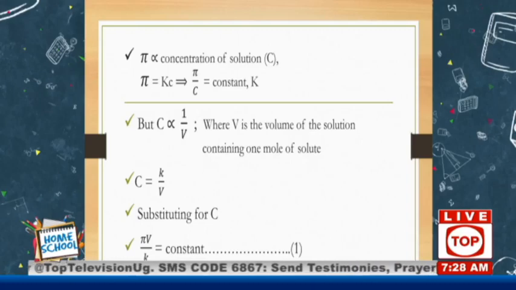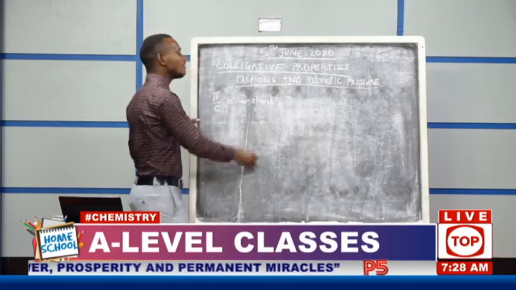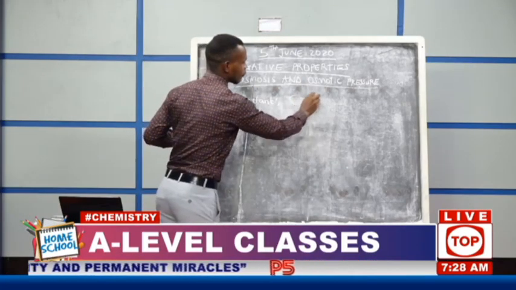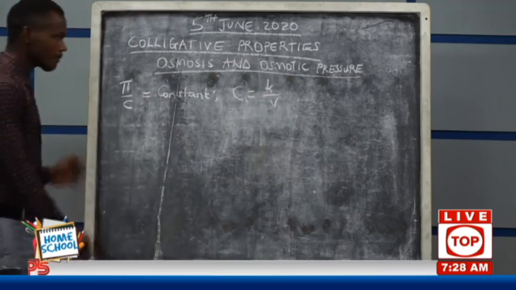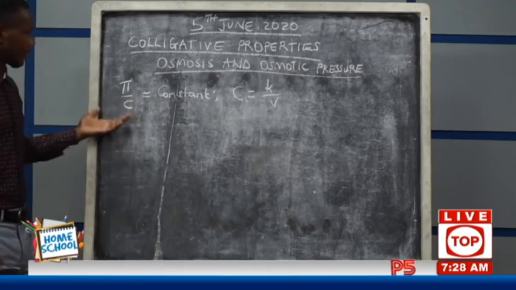And someone will ask, why do we get that expression? I understand some people are not doing pure mathematics, but this is simple mathematics, which you did even in O level. So when you have pi over C equal to a constant, and you are applying that C is equal to small k over V, how do you bring this one here?